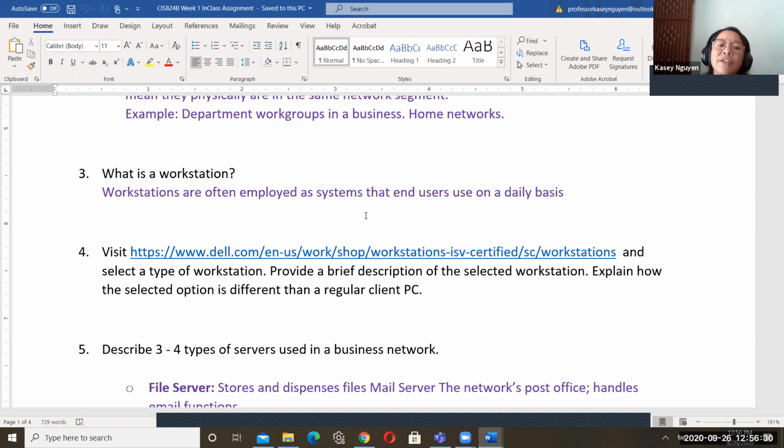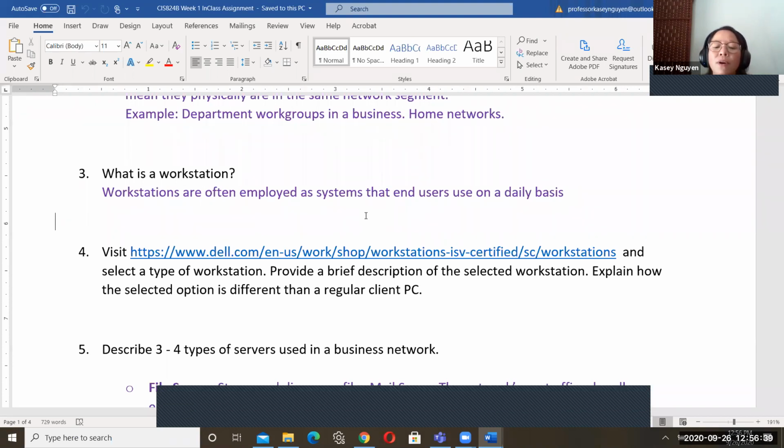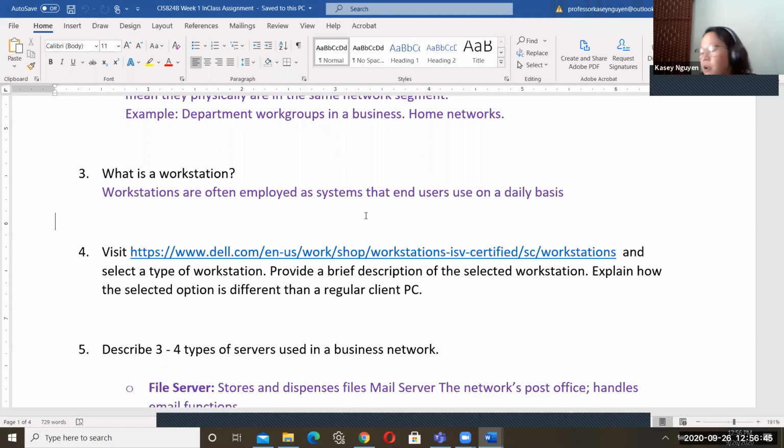A workstation is intended to be utilized extensively in a business environment. In a lab room at a college like Moreno Valley or RCC, when they purchased the workstation systems, they wanted to make sure they had hardware resources that were going to last.